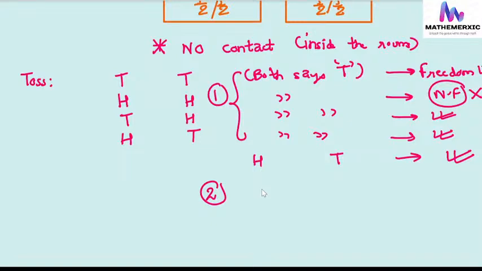A guaranteed freedom I can't say, because head tail, if you're saying in the first case, it is fine, it is free. Head tail, if you're using the second case, it is also free. Head tail, head tail, head tail, for the third case it is not working because it is just opposite.